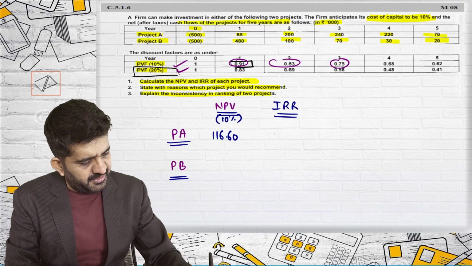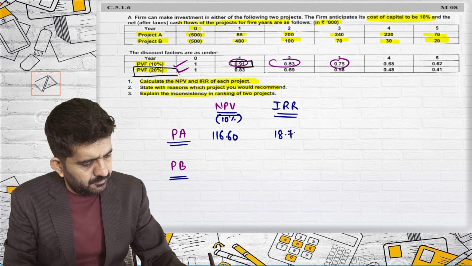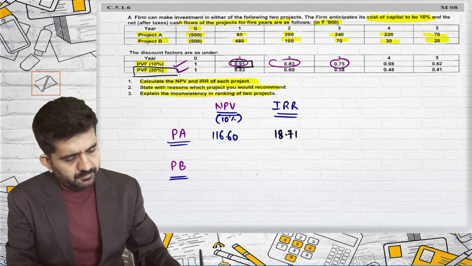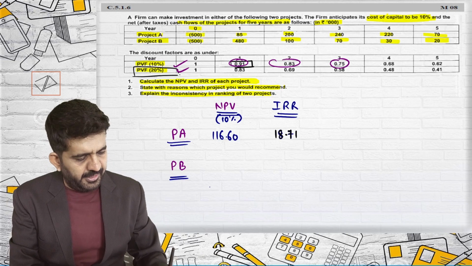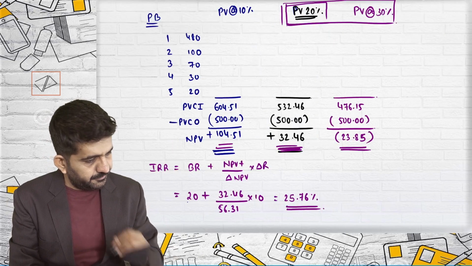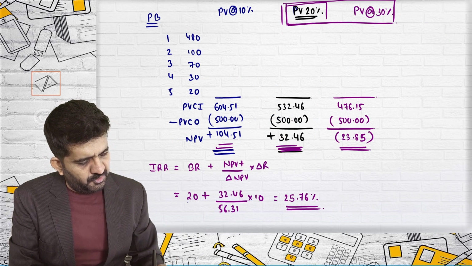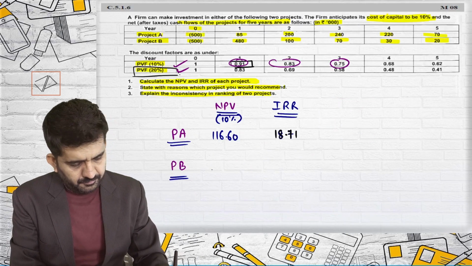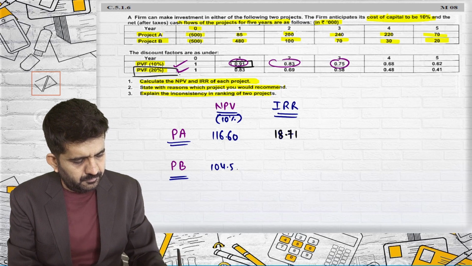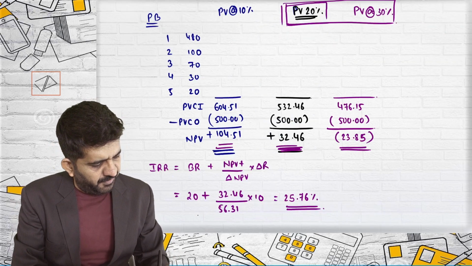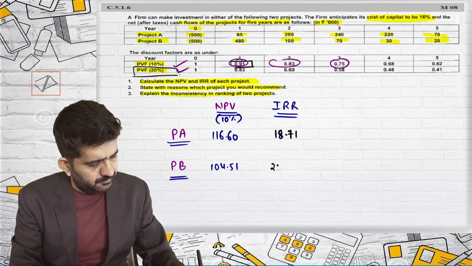IRR is 18.71. NPV of project B is 104.51 and IRR is 25.76.